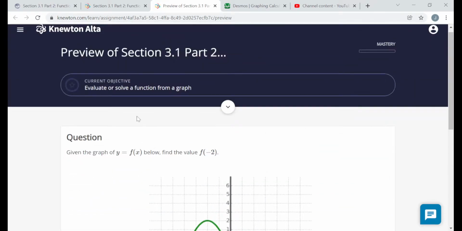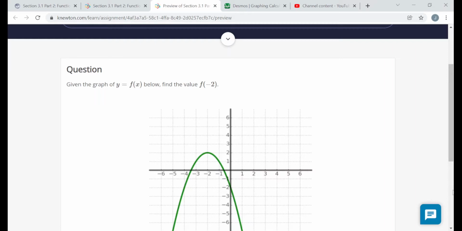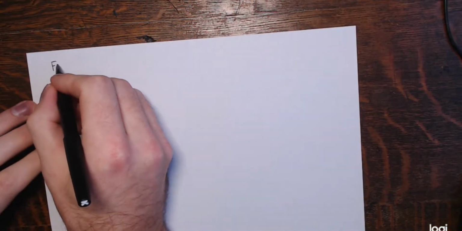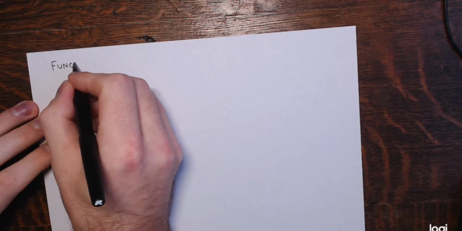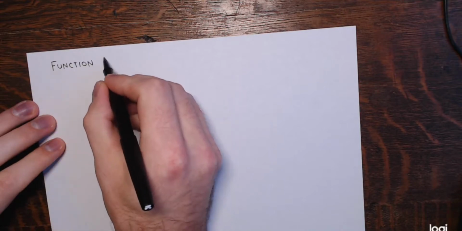This first question is on the objective, evaluate or solve a function from a graph. We're given a graph here, and I want to explain something about function notation first, because this whole section 3.1, part 2 is on function notation.